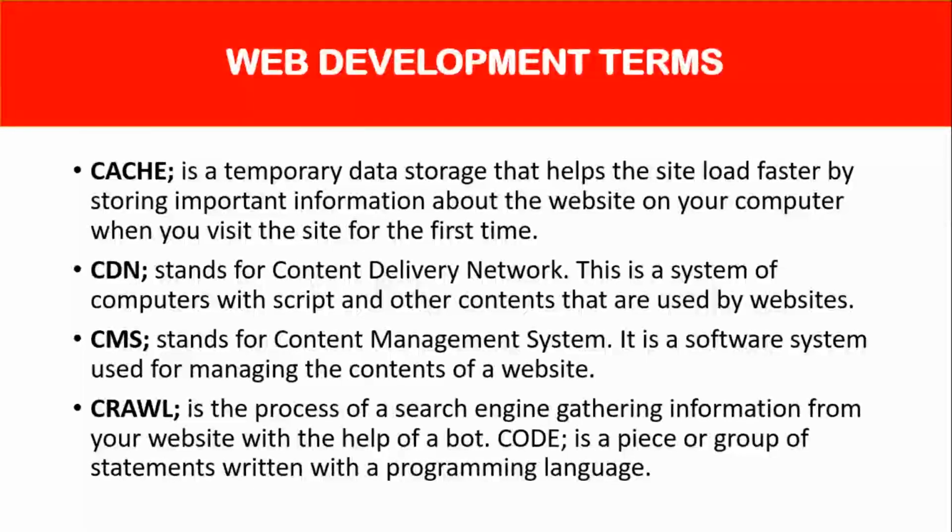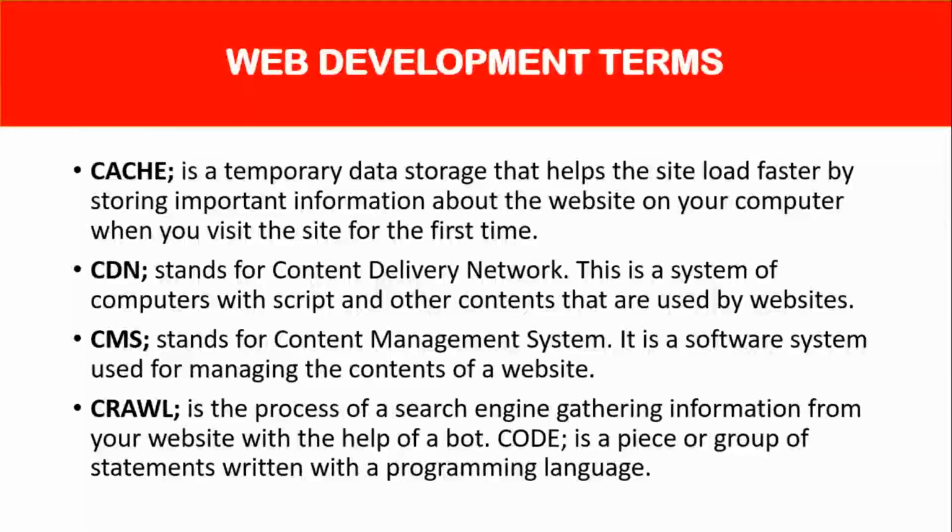It will load them faster from your computer and not have to fetch them from the server. So that's what the cache memory does. It speeds up the process of loading your website by capturing important information and storing it, and helping you with such information the next time you visit a website.